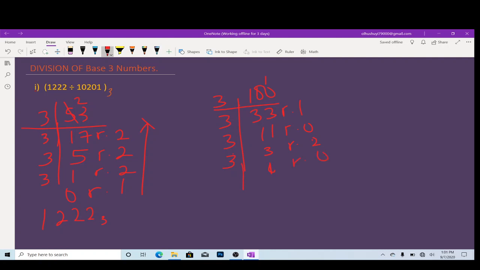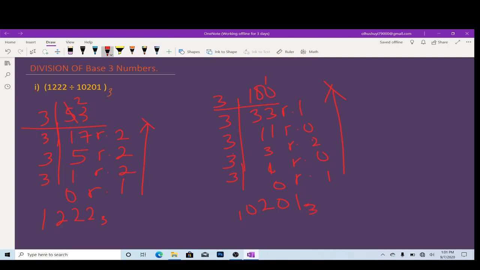Then you have 3, 0 remainder 1. So join this upward, you have 1 0 2 0 1. 1 0 2 0 1 in base 3.